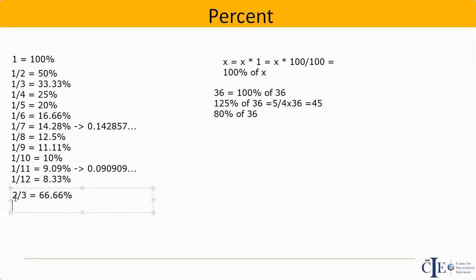We already know that is 50%. And 4/6 reduces to 2 by 3 that we again know, 66.66. The only new percentage value that you need to remember for a sixth, which again you see quite commonly, is 5 by 6.